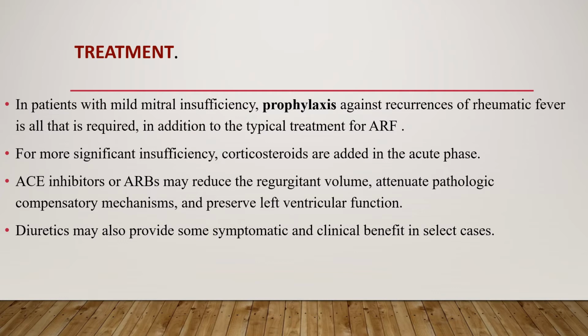That means in addition to the acute treatment such as antibiotics, monthly antibiotics, bed rest, aspirin if needed, and prednisolone, prophylaxis against recurrence of rheumatic fever is all that's required. For more significant insufficiency, as we have said, corticosteroids, prednisolone for 2 to 6 weeks, can be given.